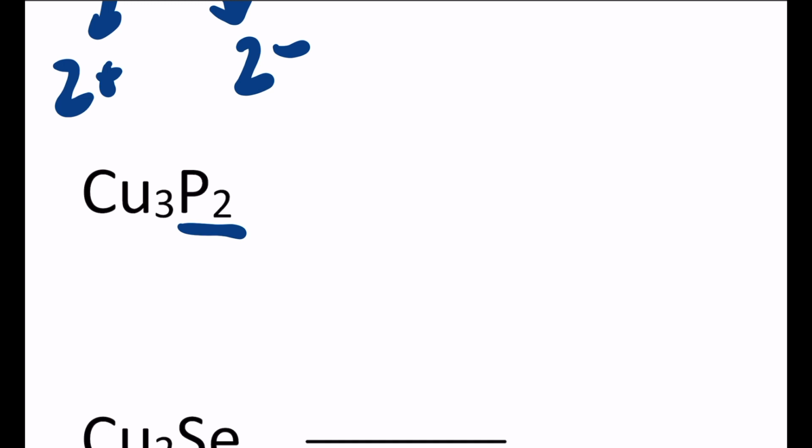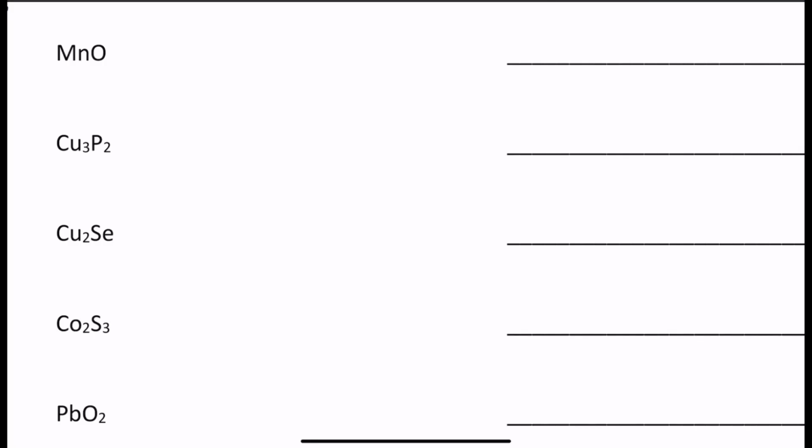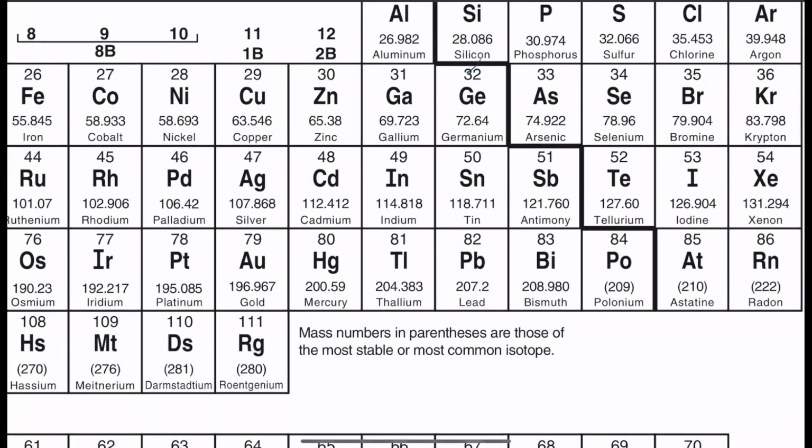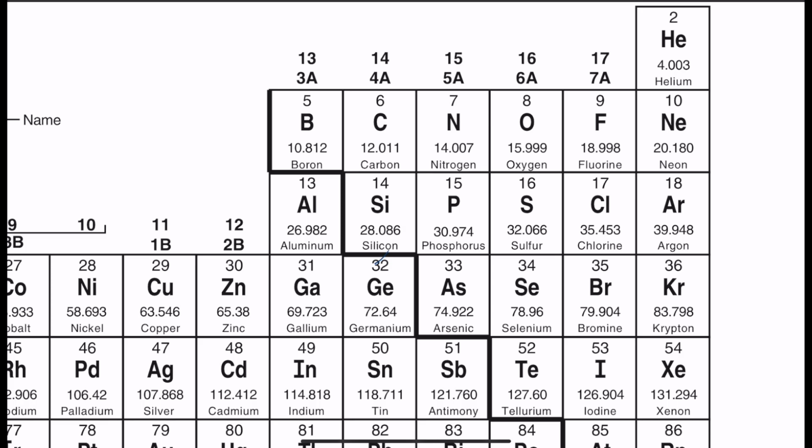So we know each phosphorus, if we look at our periodic table here, phosphorus is right here in group 5A. So you can think about it as having 5 valence electrons and trying to get to 8 valence electrons, which means it needs 3 valence electrons.